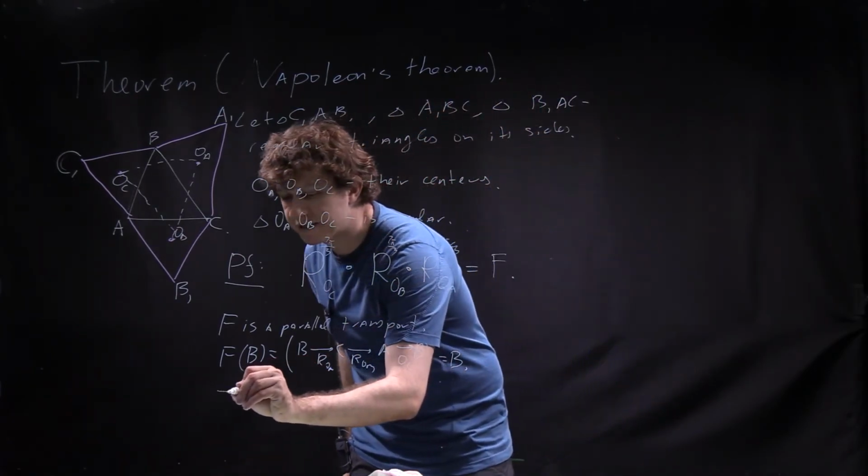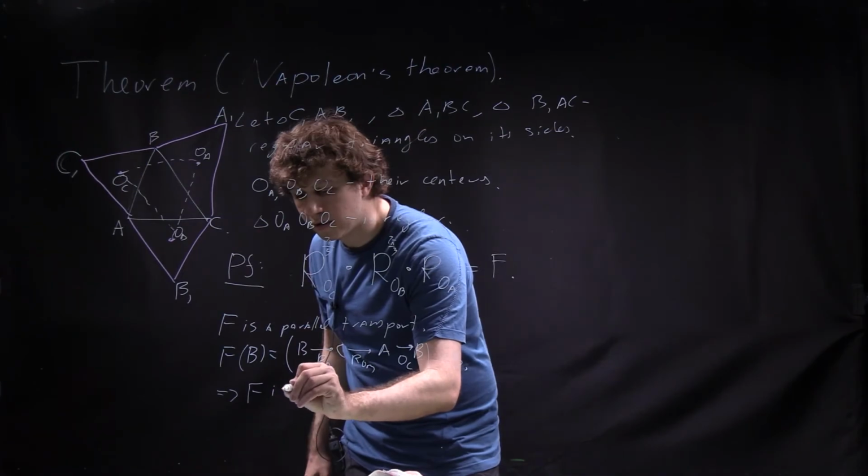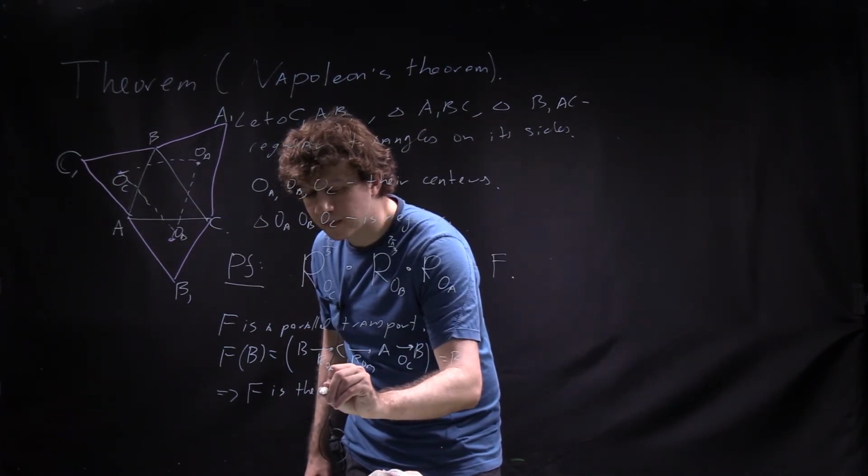So it means F is the identity map, because a parallel transport that fixes a point is the identity.